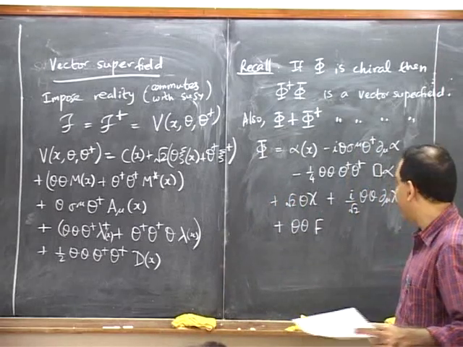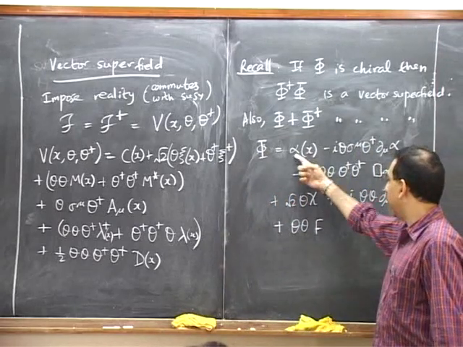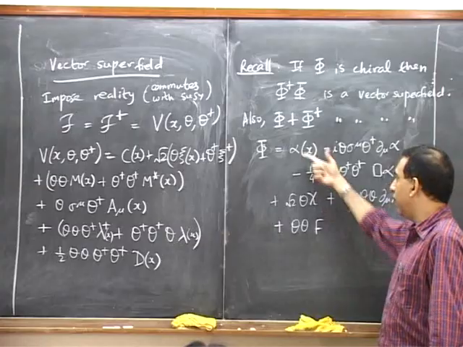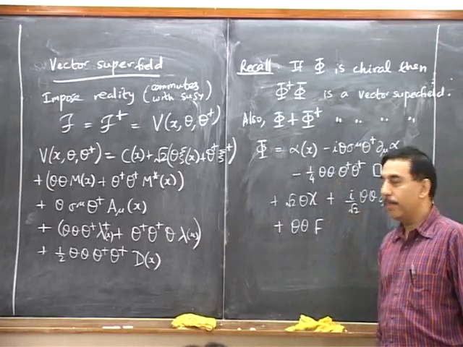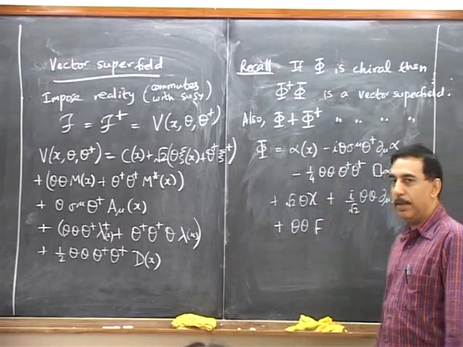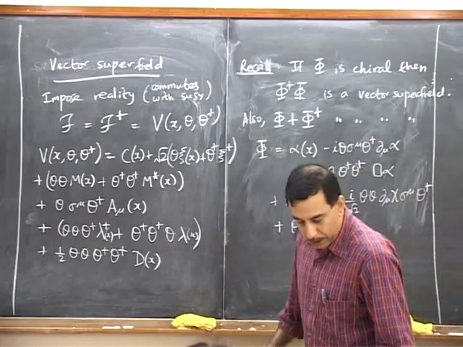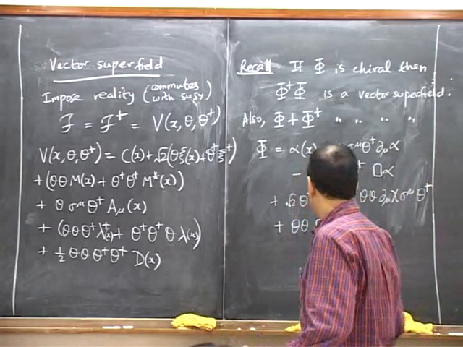F I'll keep calling it. I've just changed the name of the scalar and spinor from phi and psi to alpha and chi. And phi dagger can be written similarly. Now once I've done that, what is phi plus phi dagger?